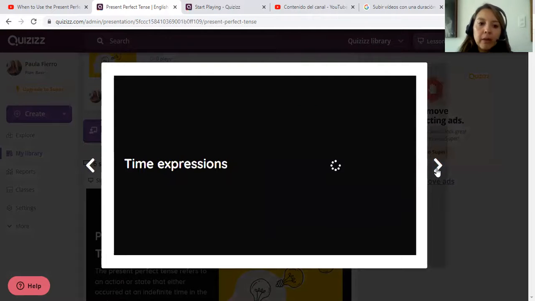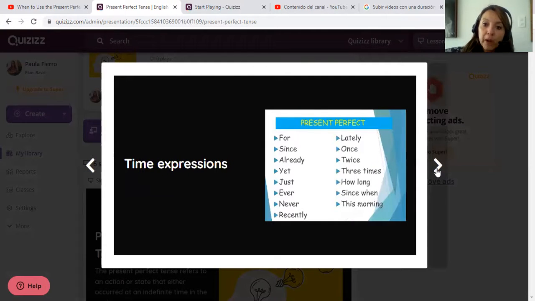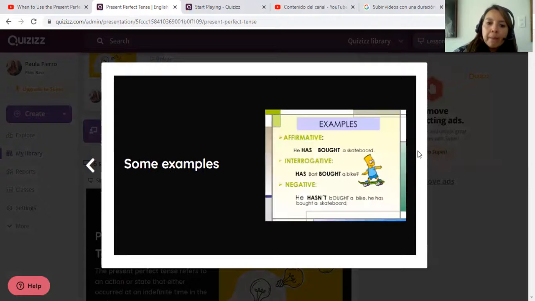And finally, some time expressions for present perfect: for, since, already, yet, just, ever, never, recently. There are many, okay? And finally, examples. You have here some examples, but you may ask them to participate with their own examples.